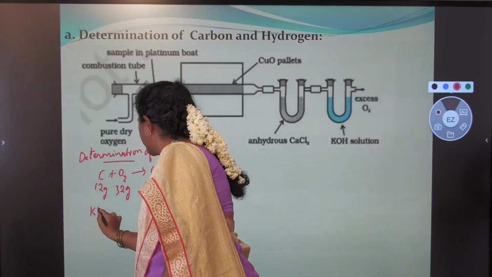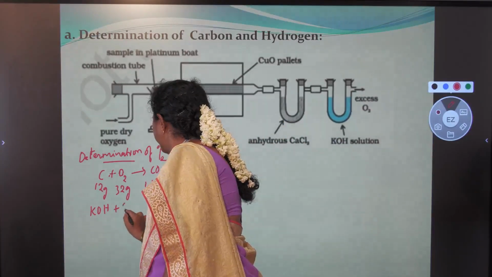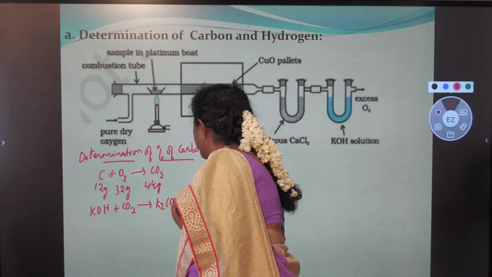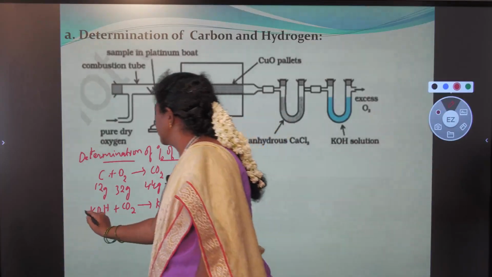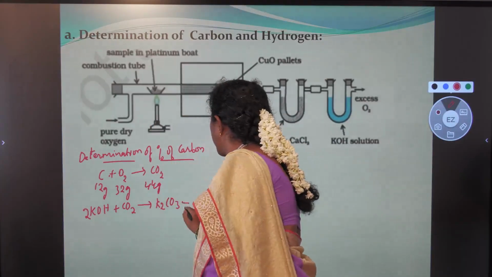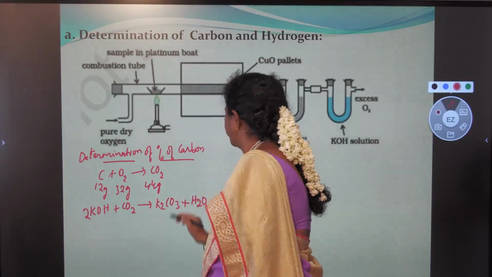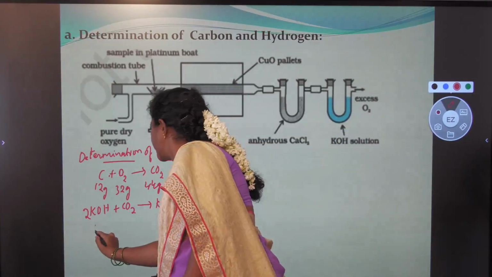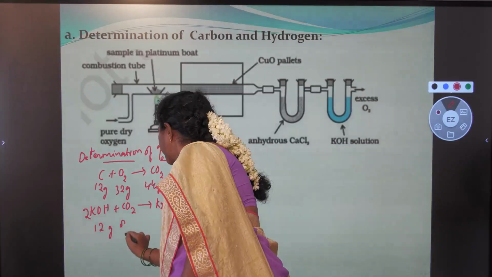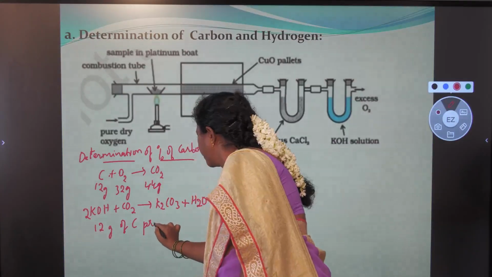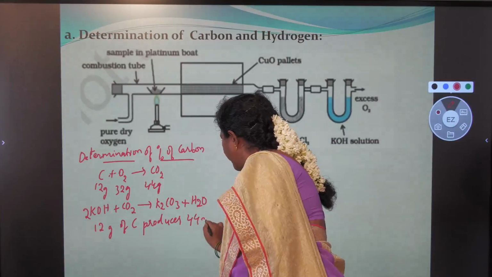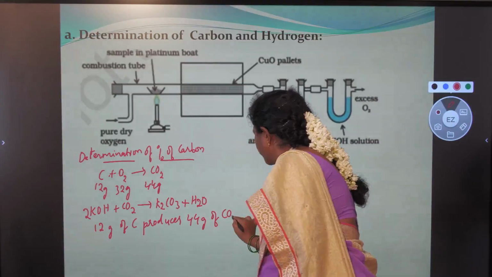Next, potassium hydroxide will absorb this CO2 and forms K2CO3 plus H2O. From this, 12 grams of carbon produces 44 grams of CO2.